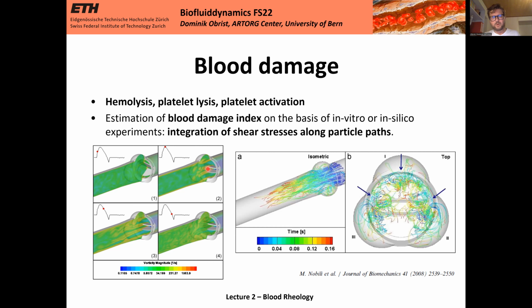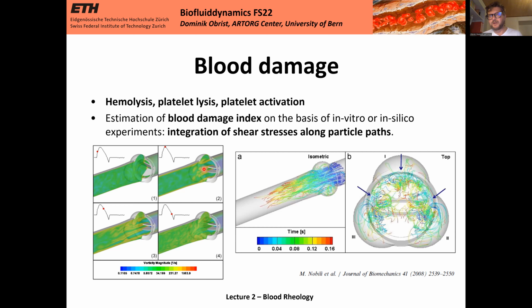Or what is even more dangerous in these devices is that we have recirculation regions where particles that have experienced elevated shear stresses recirculate, maybe back here in this corner, and pass through the region of high shear stress again and again and again until they finally rupture.